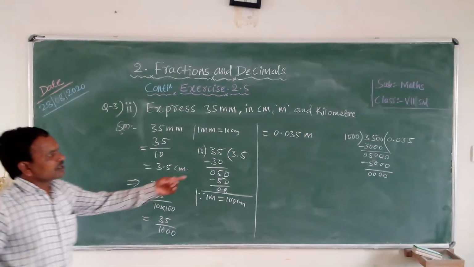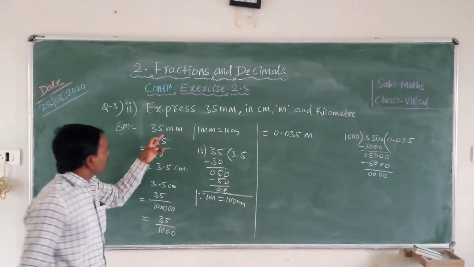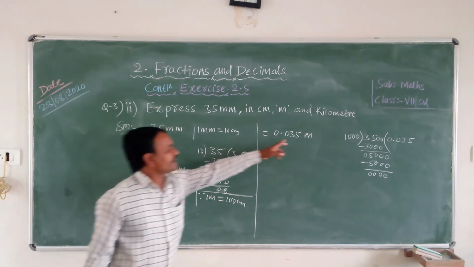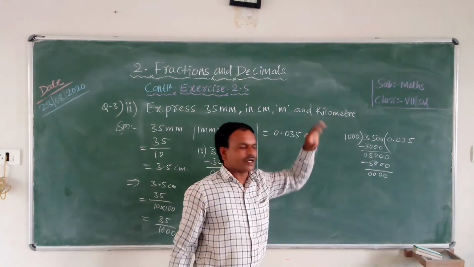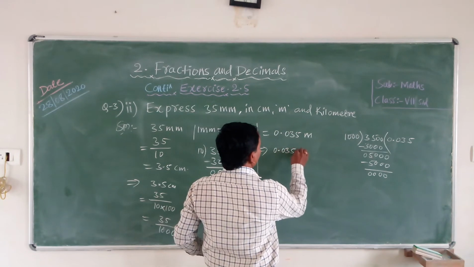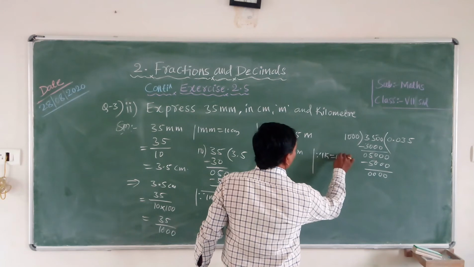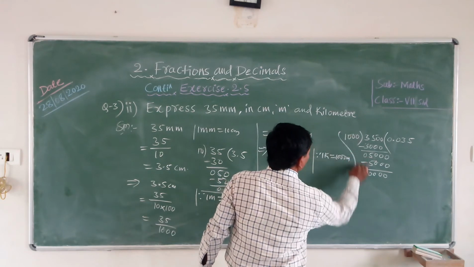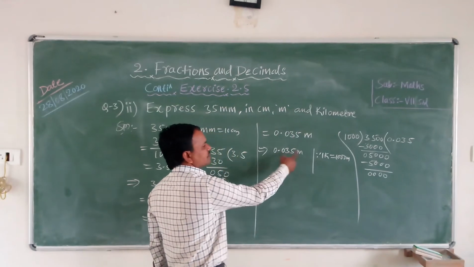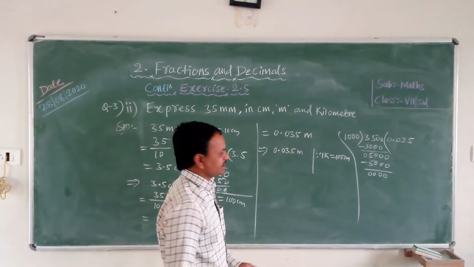Now this meter is converted into kilometer. So what happened here? Millimeter is converted into centimeter, centimeter converted into meter, meter converted into kilometer. 0.035 meter came. Here 1 kilometer is equal to 1000 meter. So 0.035, after point 3 digits are there.